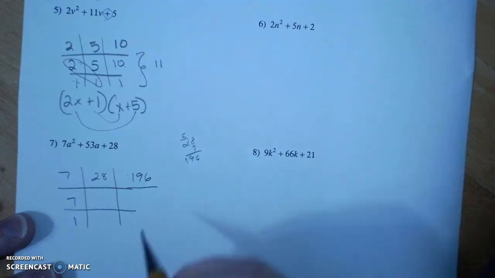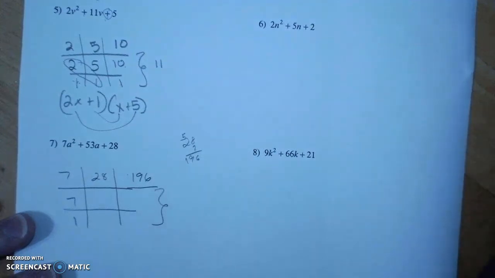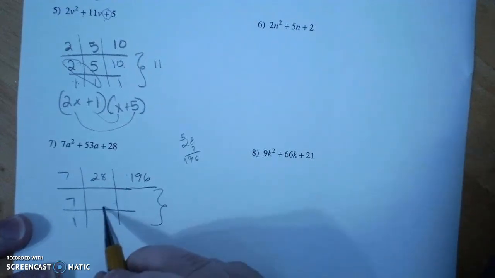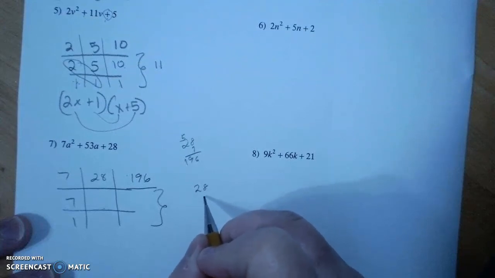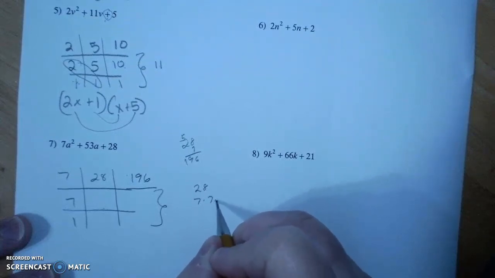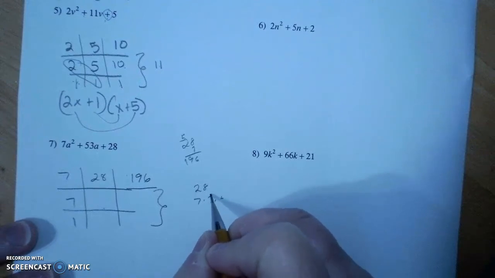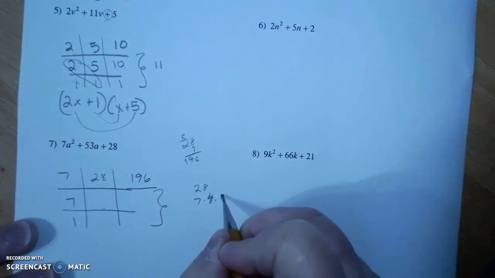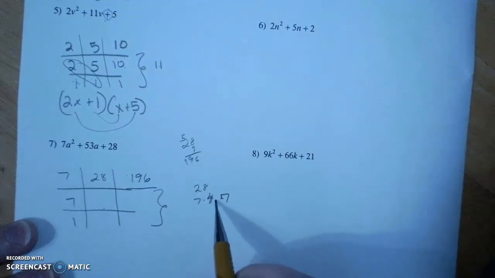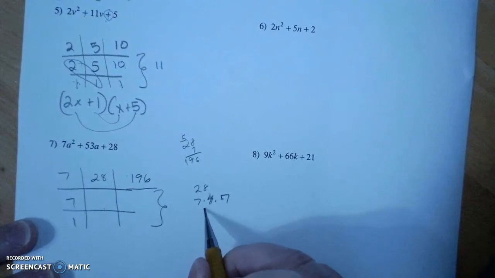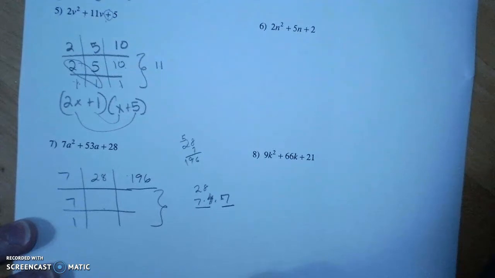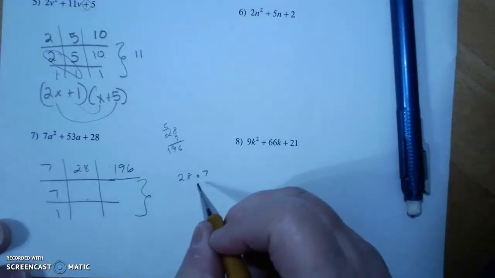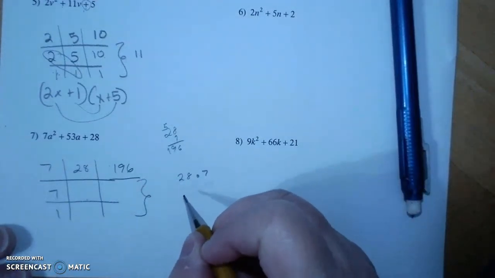And we're getting 53. 53, okay. 196, so this is 28, which is 7 times 4, times 7 is 196. So that would be 28 times 7, or, when they get to be larger numbers, you just have to start fiddling around to find them.